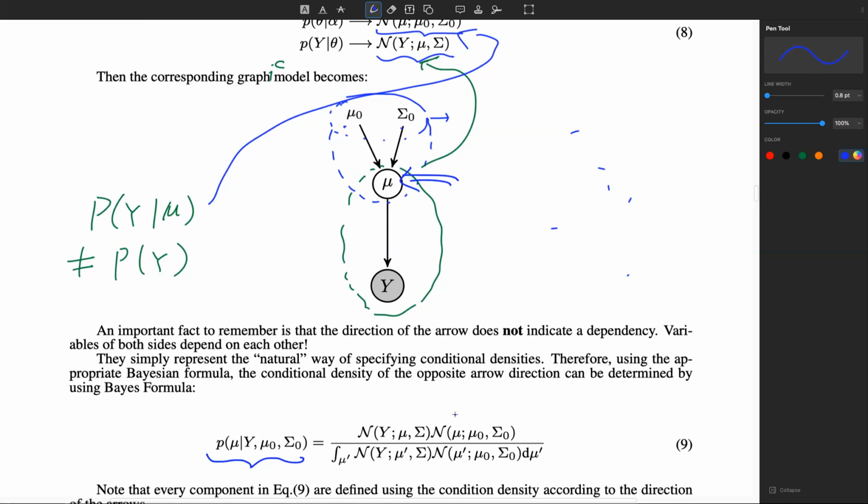That's your prior. What's this called? If this is the prior probability, what's this? Likelihood. And what's this?